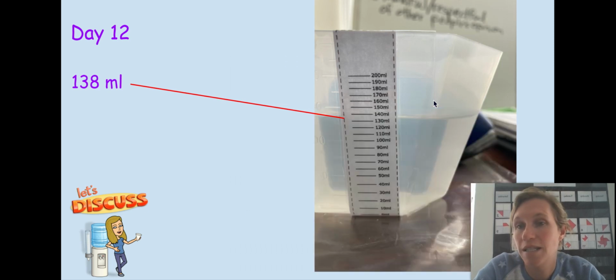All right, on day 12, I recorded an observation of 138 mLs. Now, I know it looks lower on one side, but I really am just using this side. Again, it's sort of in the middle, a little bit closer to 140. If you feel like it's 135 mLs, that's okay too. And that was for day 12.